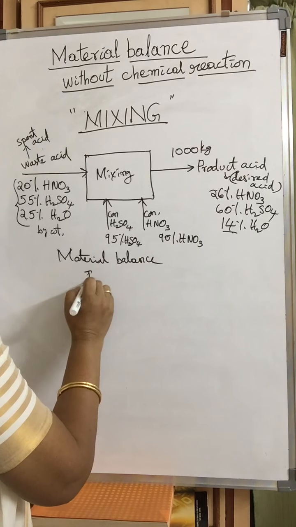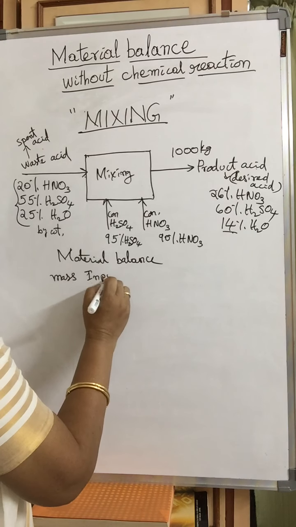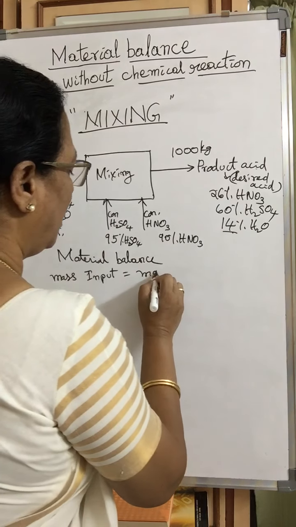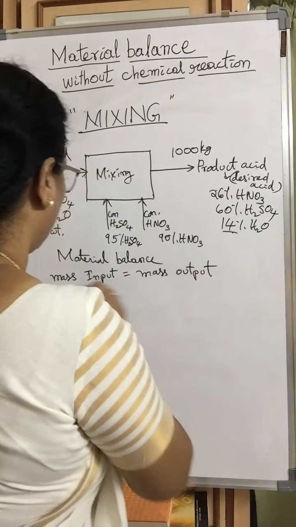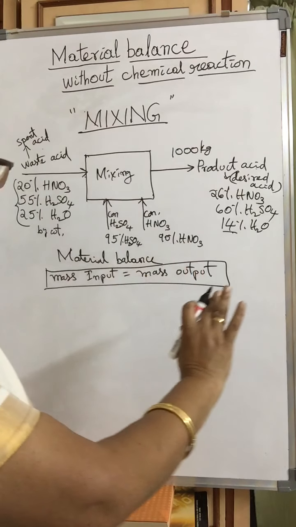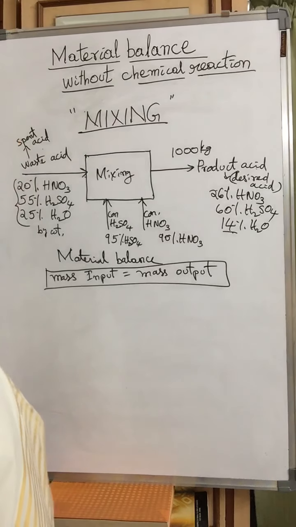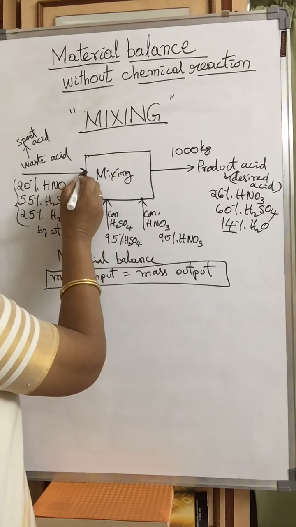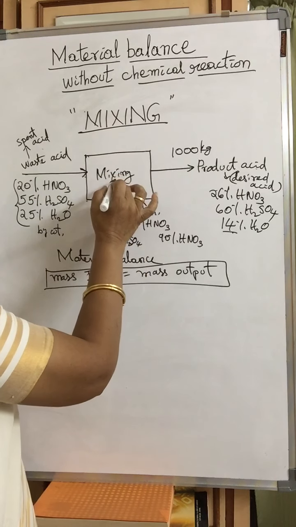Material balance is mass input equal to mass output. Okay, this is material balance. It means the total mass input must be equal to the total mass output. You can say the box is the unit operation.